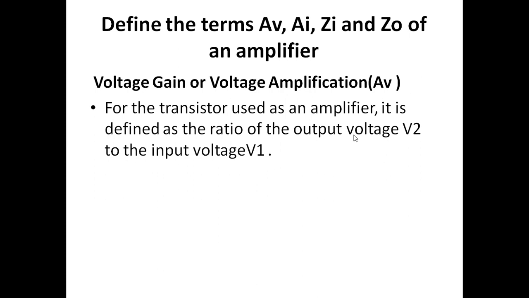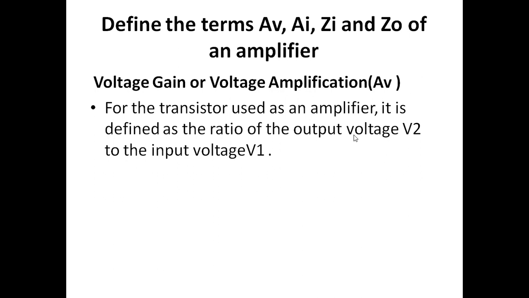Generally the voltage gain and current gain must be high. The gain is the ratio of output to input. Therefore, if the gain is high, the output signal will be increased, whether it is current gain or voltage gain.